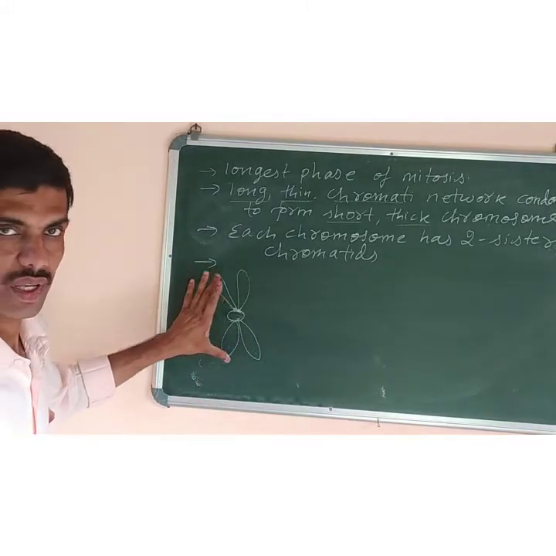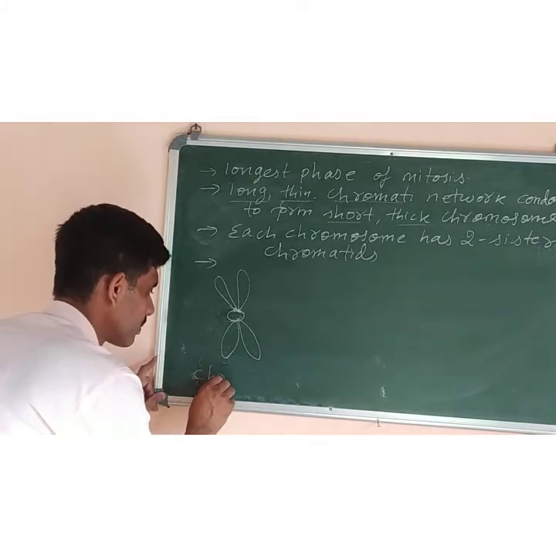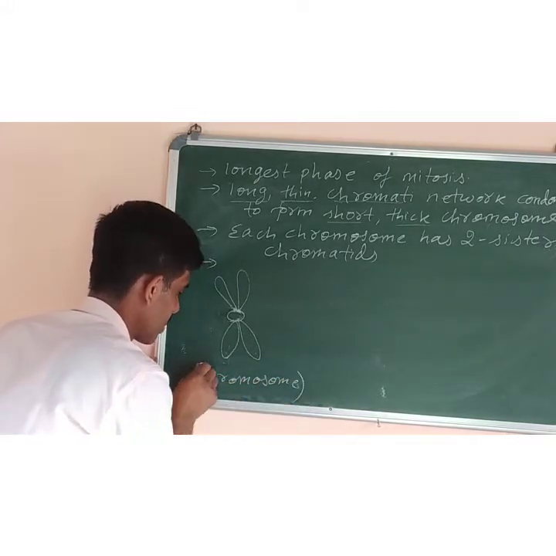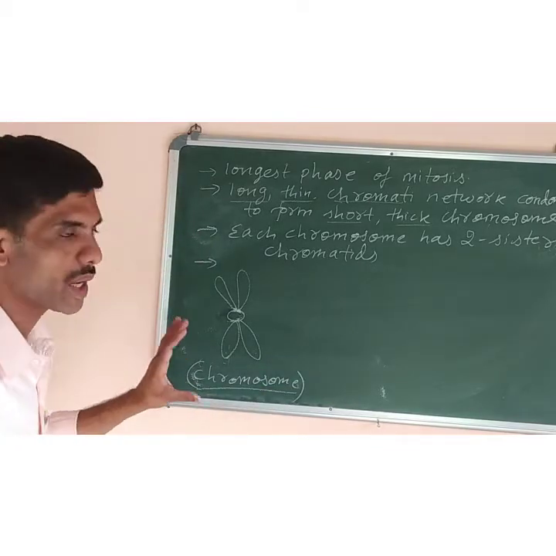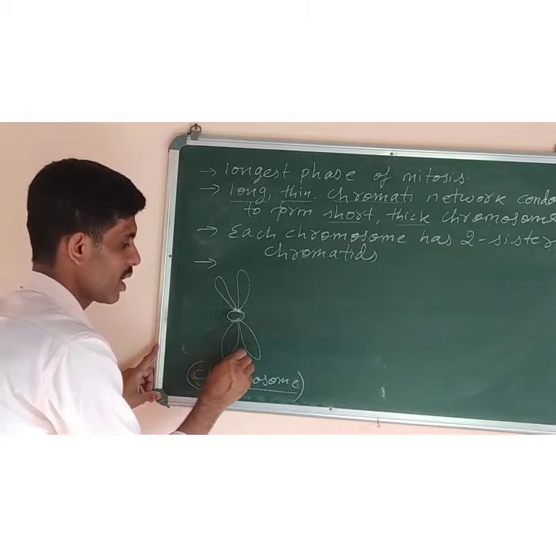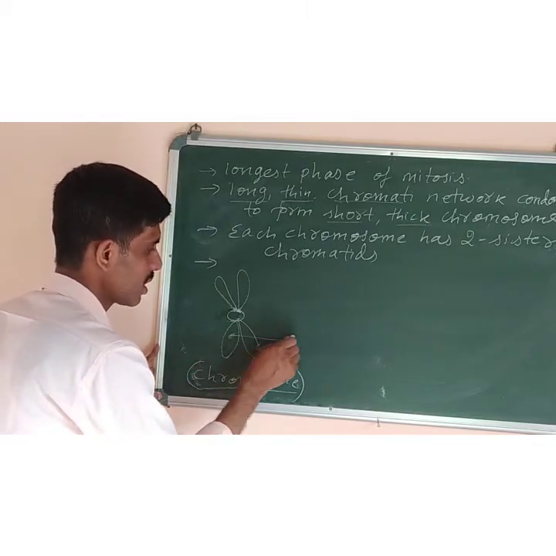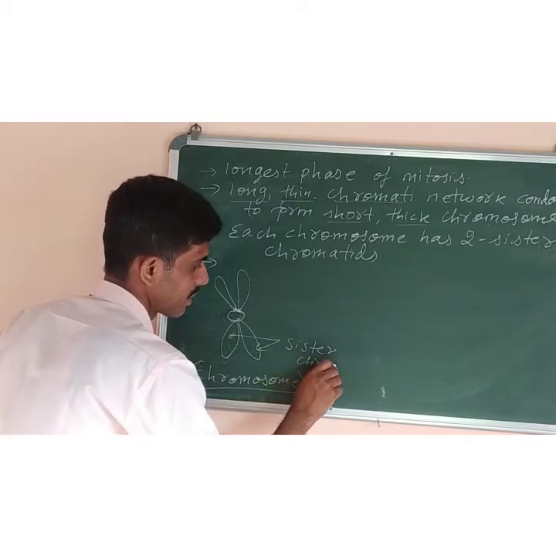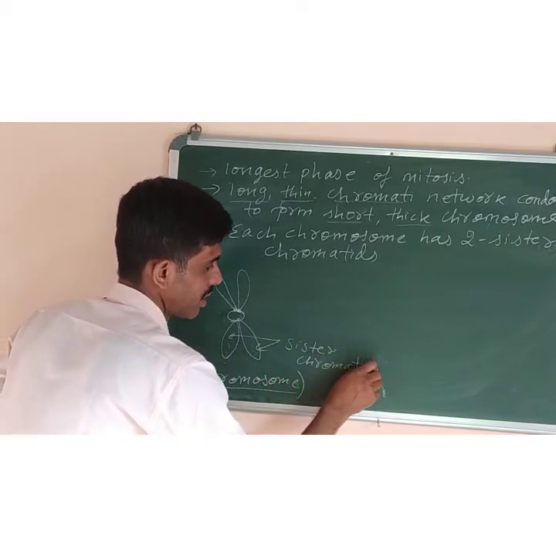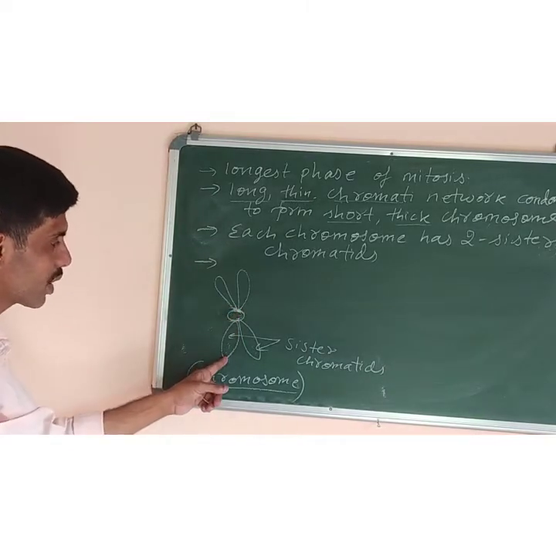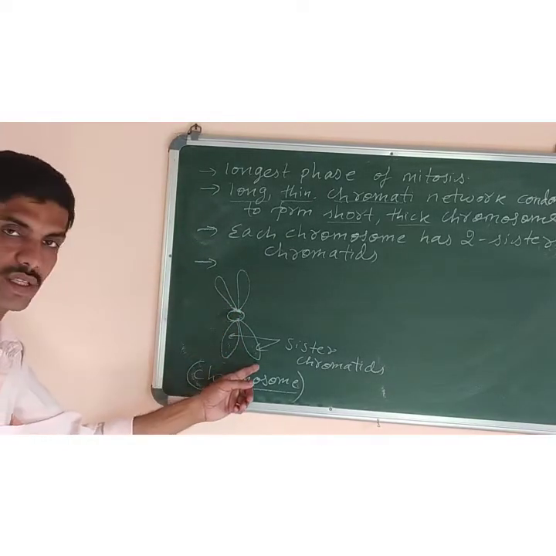What is this figure of? It is one chromosome. This is the figure of one chromosome. Okay. Now what is this chromosome made up of? It is made up of two sister chromatids. This is one, this is another one. So both of them are called sister chromatids. Like this, lengthwise also you can take one sister chromatid, this is another sister chromatid.